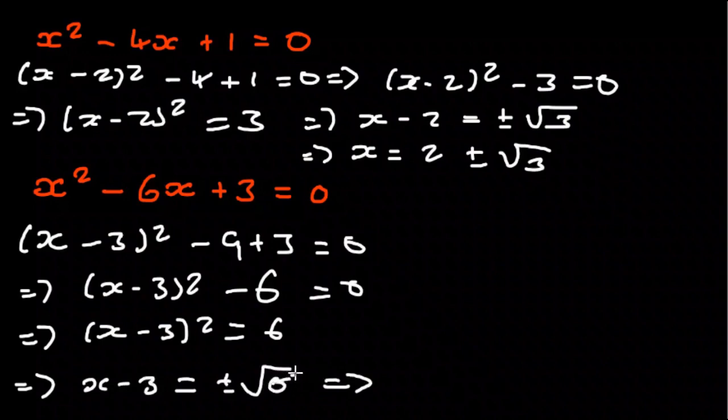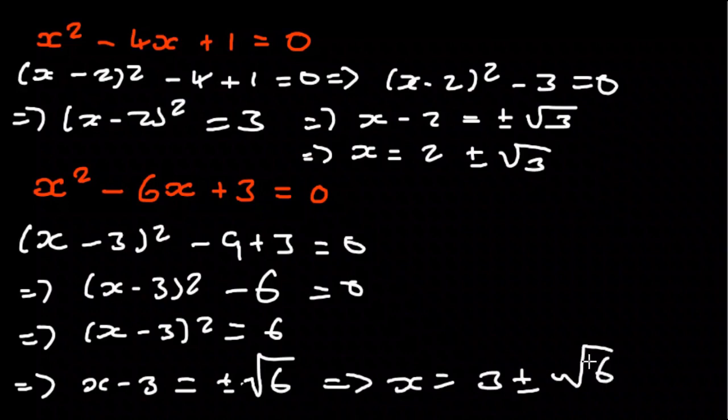Does not look like a 6, but it is. Now it looks like a sigma. I'm going to have to rub that out and neaten that up. Plus or minus the square root of 6 implies x is equal to 3 plus or minus the square root of 6. There we go.